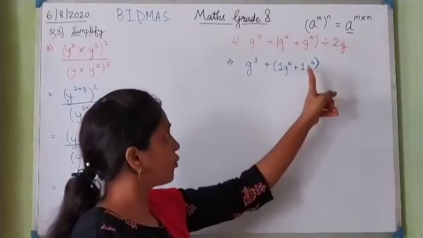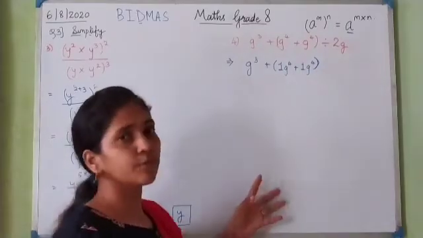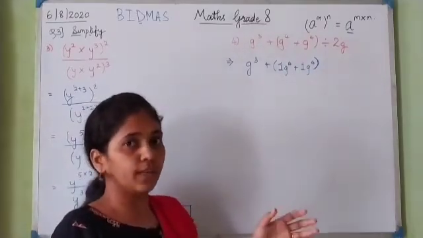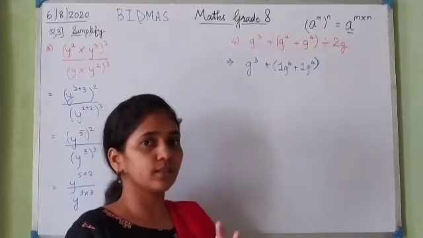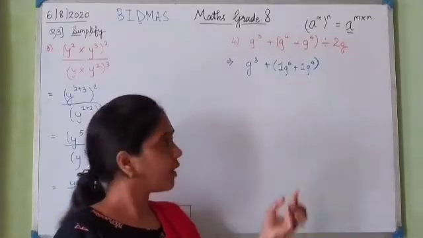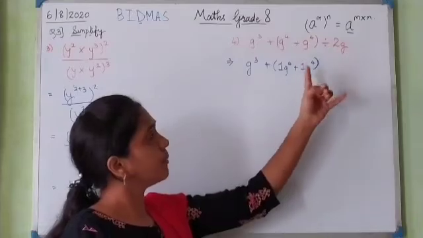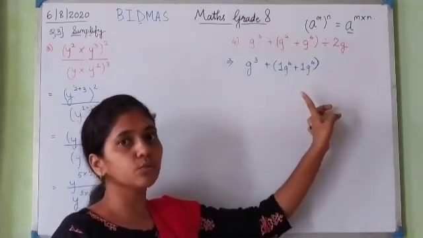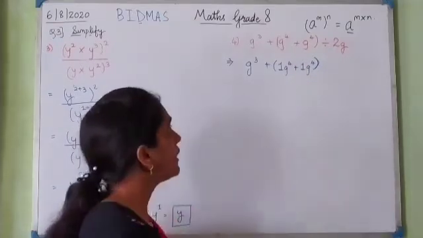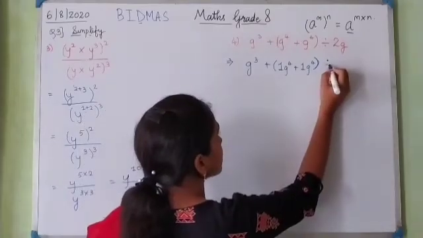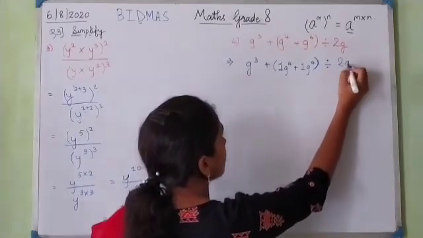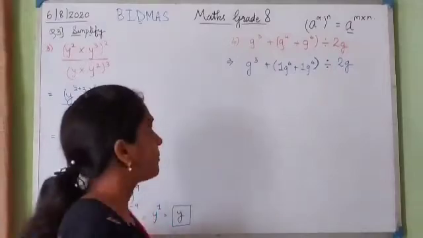So 1g raised to 4 plus 1g raised to 4 now becomes what? 1 plus 1. Like when we add 1x plus 1x, it becomes 2x, right? So this becomes 2g raised to 4. The other things I keep the same.